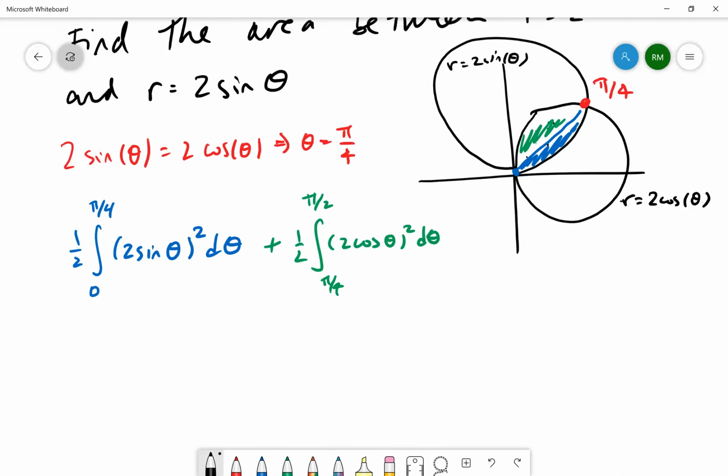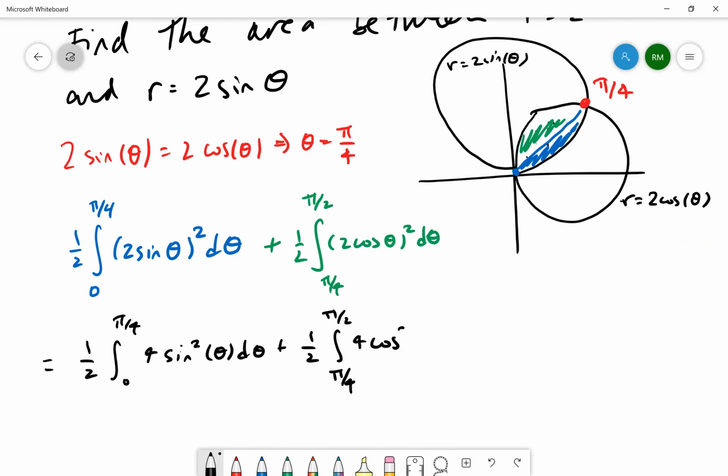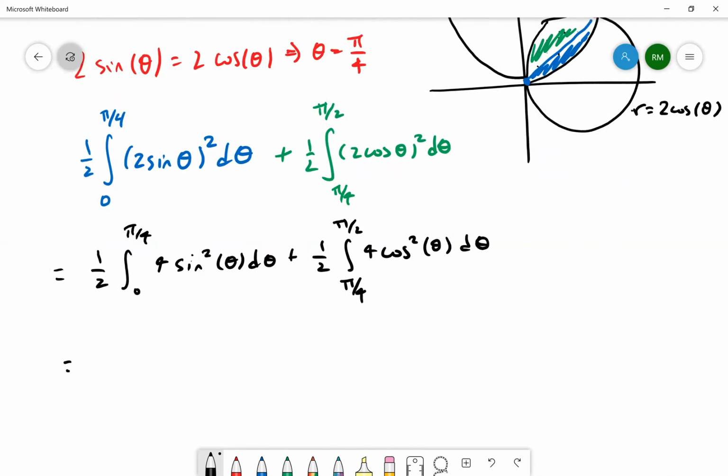And so now we can calculate this area. It's 1/2 the integral from 0 to pi over 4 of 4 sine squared theta. And then remember that we'll need to use our identities for the sine squared and the cosine squared.